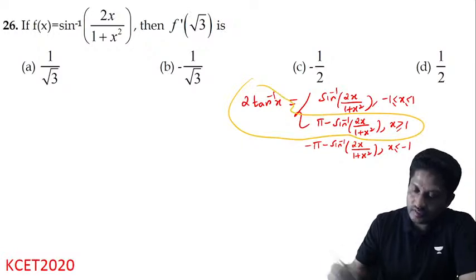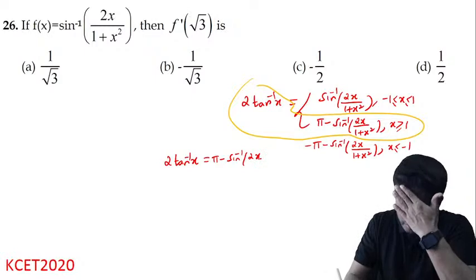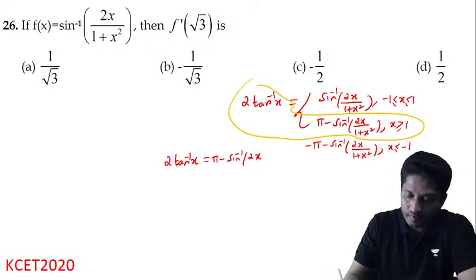Alright, now if I use the second result, 2 tan inverse of x is equal to pi minus sine inverse of 2x by 1 plus x square when x is greater than or equal to 1.